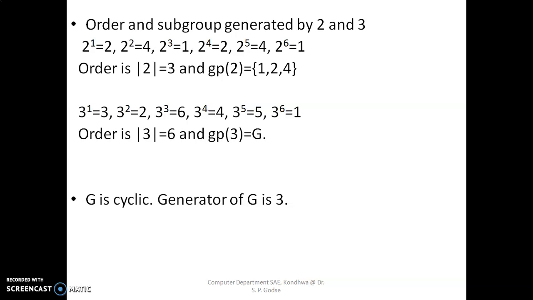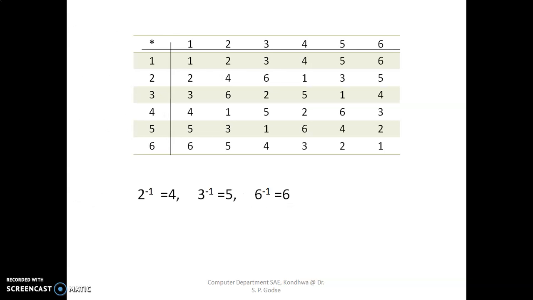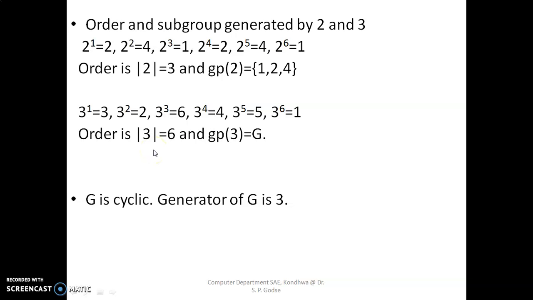So 2 raised to 1 is 2, 2 raised to 2 is 4, 2 raised to 3 is 1, as per this table. Then 2 raised to 4 is 2 again. Likewise you will get the same elements repeatedly, so then you have to stop.